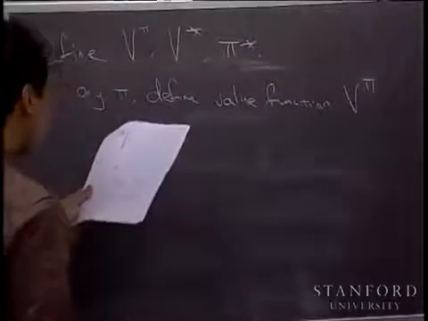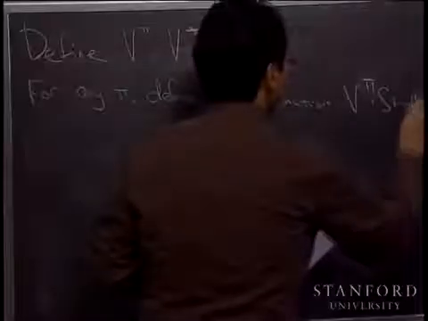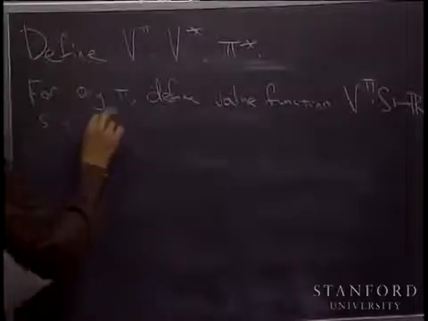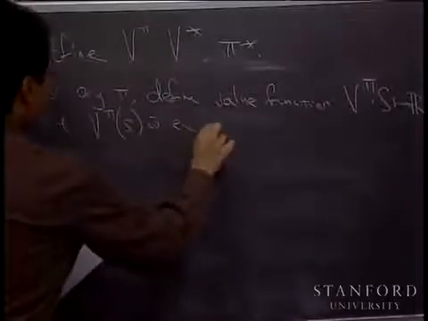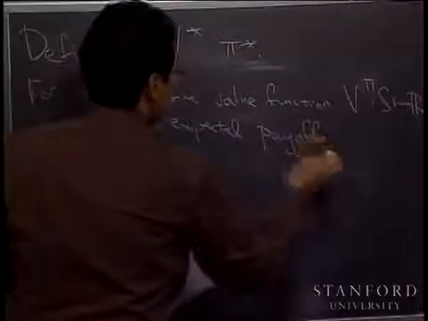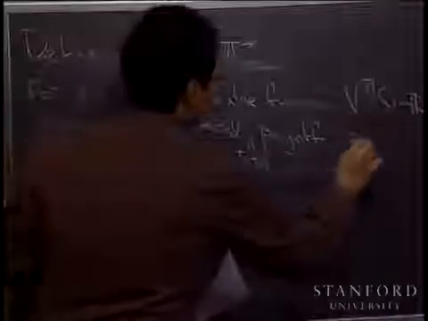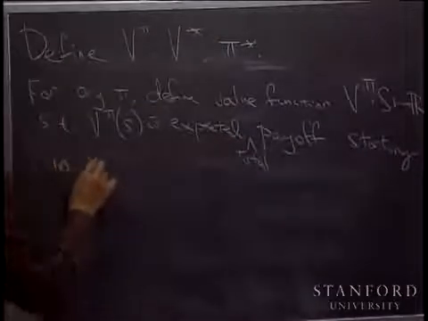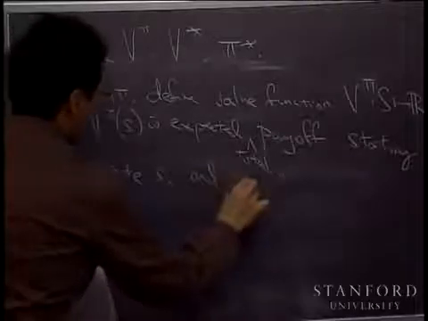I'm going to define the value function V pi as a function mapping from the states to the real numbers, such that V pi of S is the expected total payoff, right? If you start in the state S, and if you execute pi.